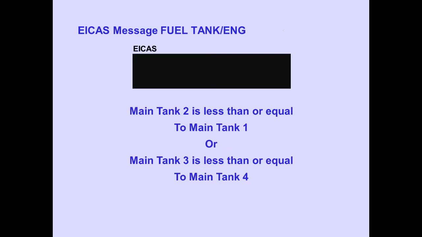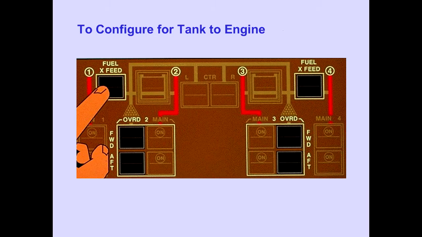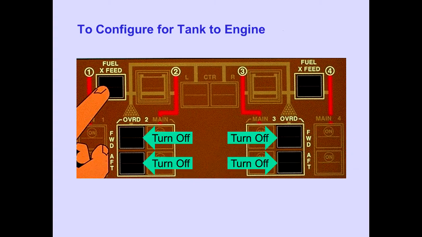The ICASS advisory message, fuel tank to engine, is displayed when the fuel quantity in main tank 2 is less than or equal to main tank 1, or main tank 3 quantity is less than or equal to main tank 4. To configure the control panel for tank to engine operation, first, push the main override jettison forward and aft pump switches off.